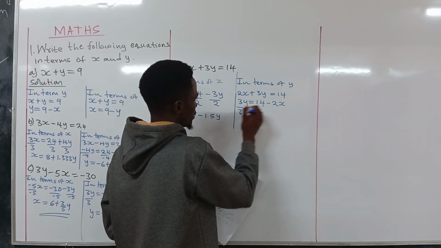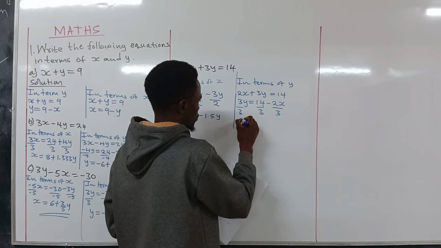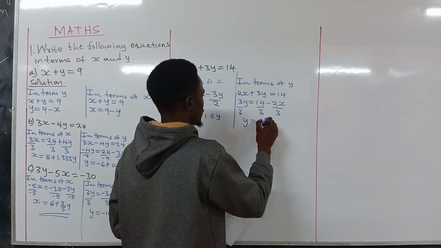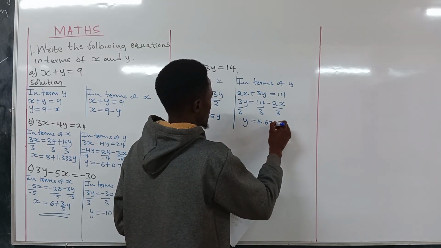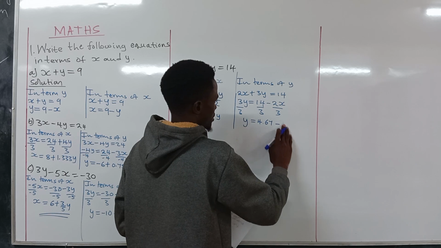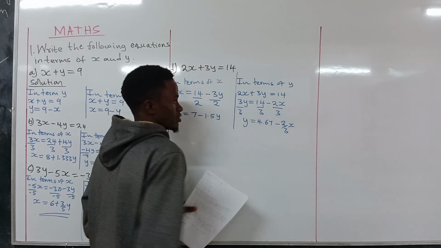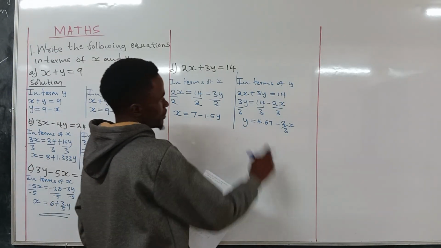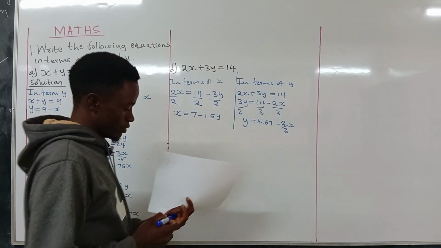So divide by 3. So y is equal to 4.67 minus 0.6x, or we can just use 2 over 3 x. It's the same as 0.666. So this is our solution to that equation.